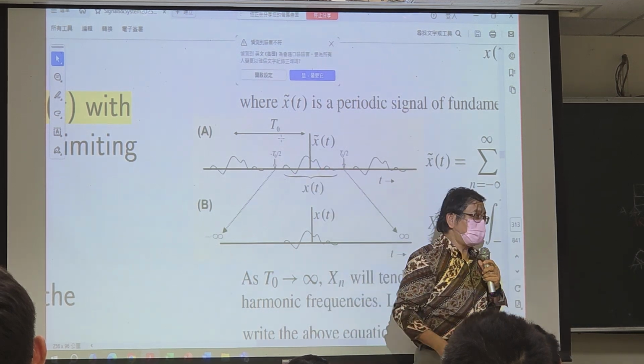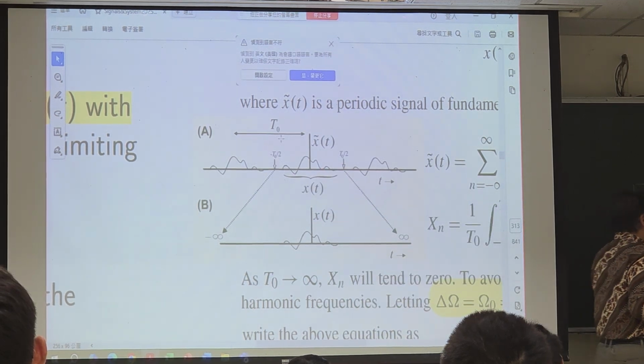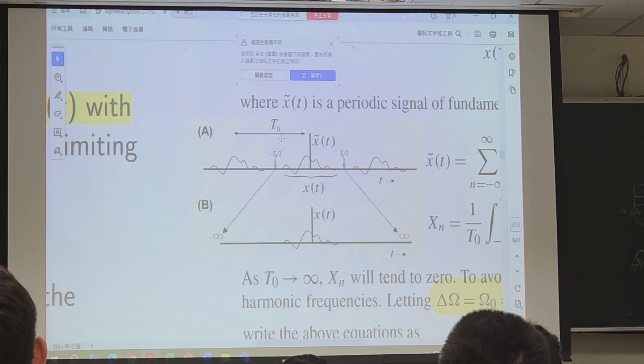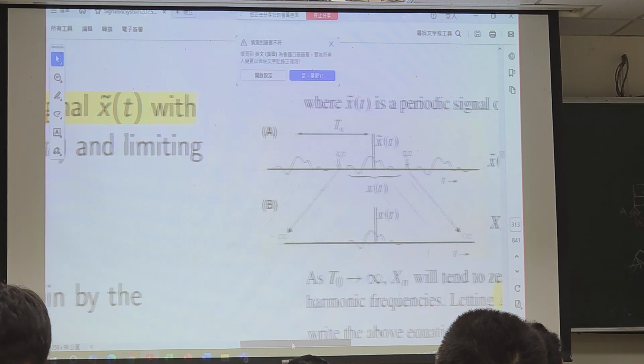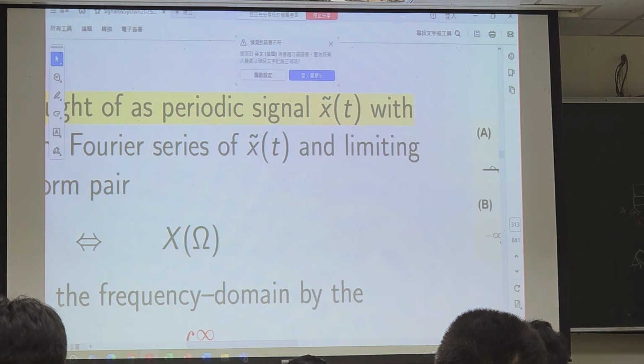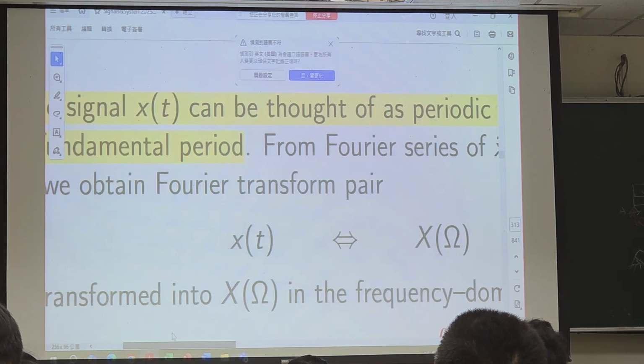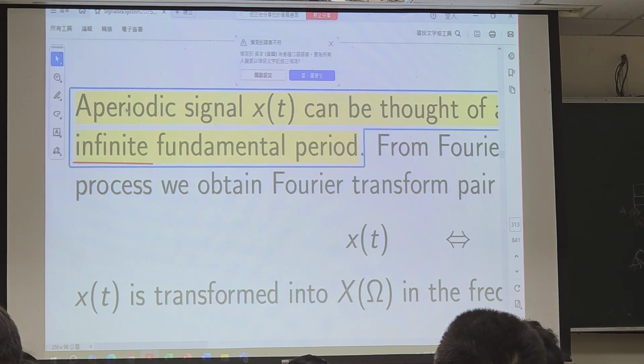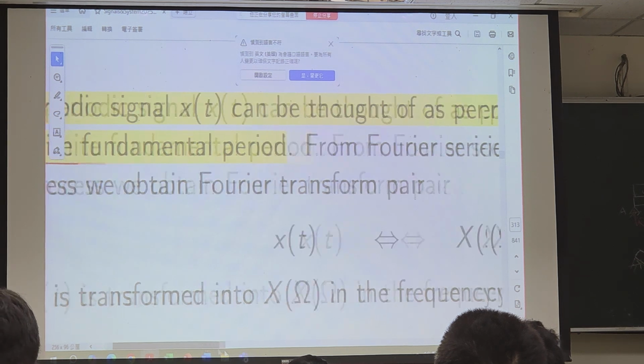Now, what if we are dealing with a non-periodic, or sometimes we call it aperiodic function? Aperiodic, which means it is not periodic.